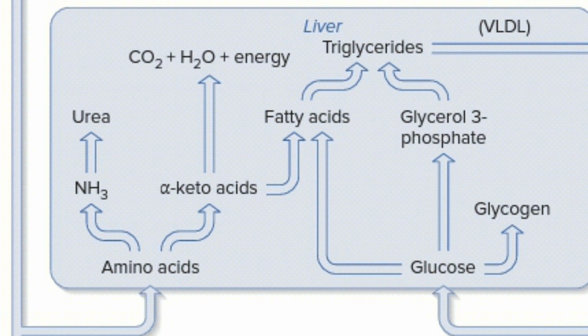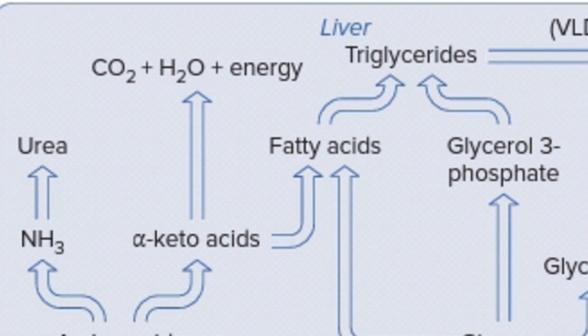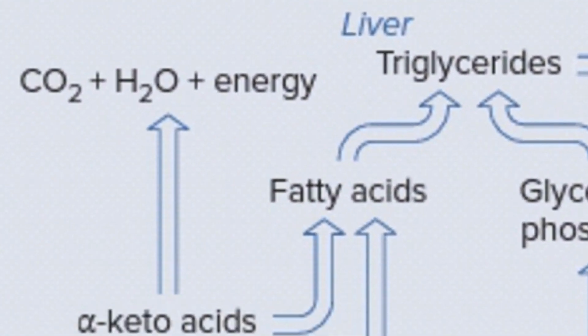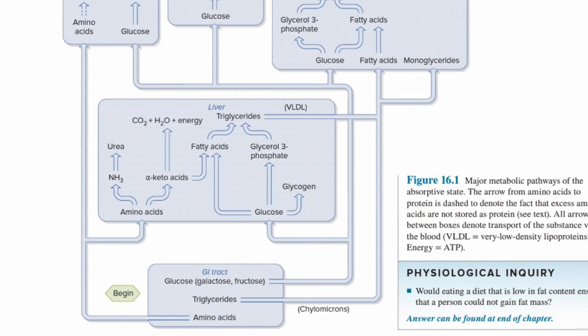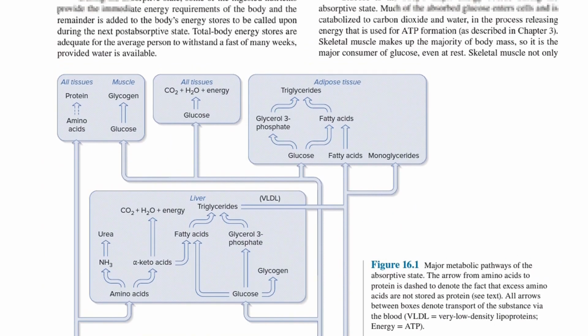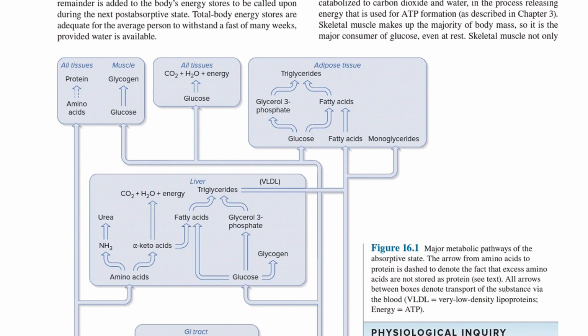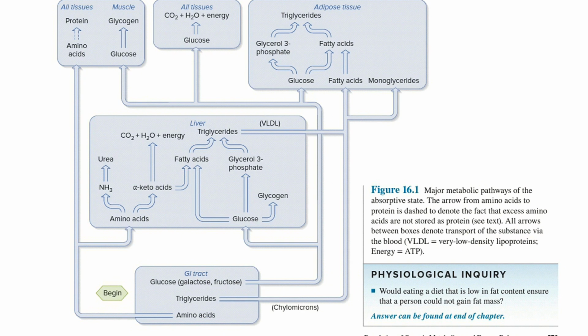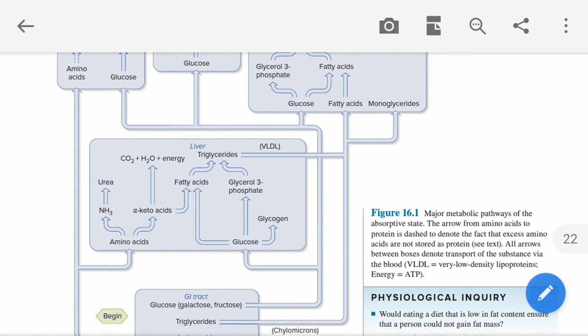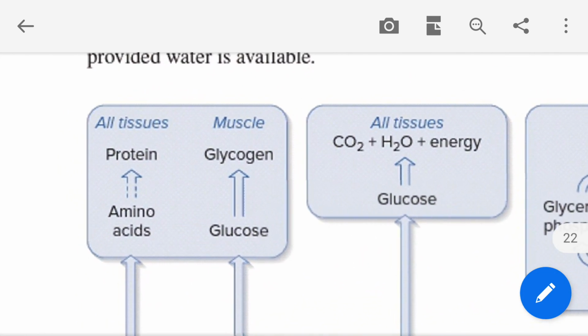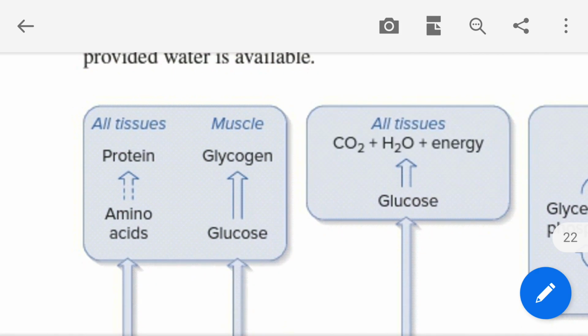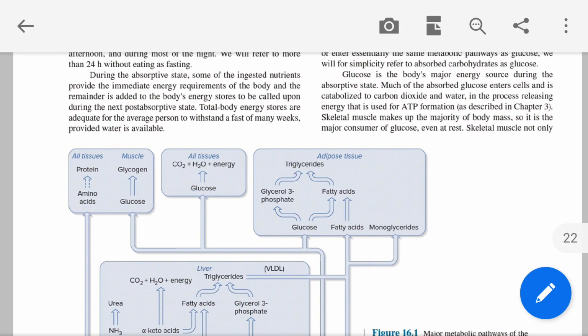Then alpha keto acid can be converted into fatty acid, or alpha keto acid can be oxidized, ATP production, energy production. Okay, so the entire topic you can prepare. Glucose, okay, you follow the arrow, glucose, and here you see glucose is converted into glycogen in the muscle.